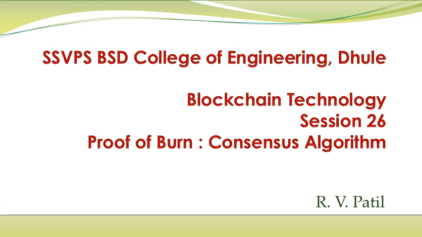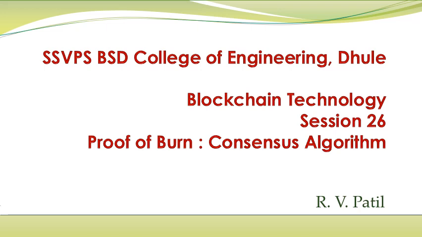Then we have studied proof of stake. What is the concept of the proof of stake algorithm? First we have to see what the disadvantages of proof of work are. In proof of work, for solving the mathematical puzzle, the computer should be a high performance computer, and lots of power and electricity is also required.